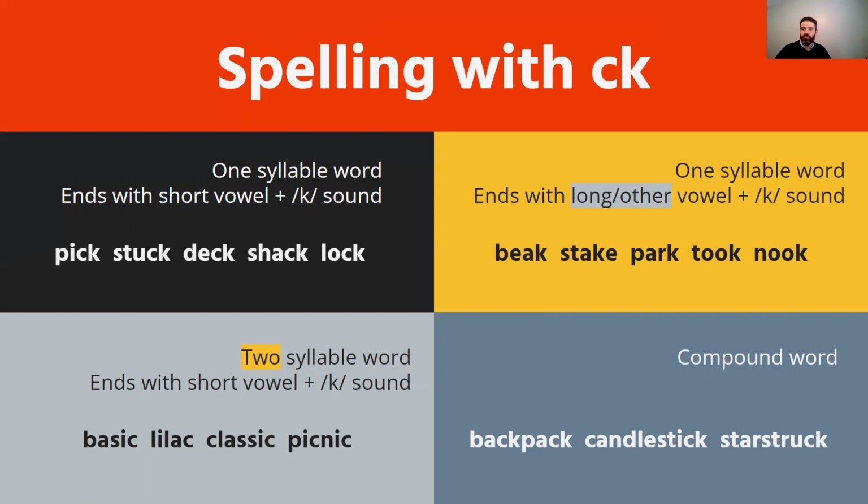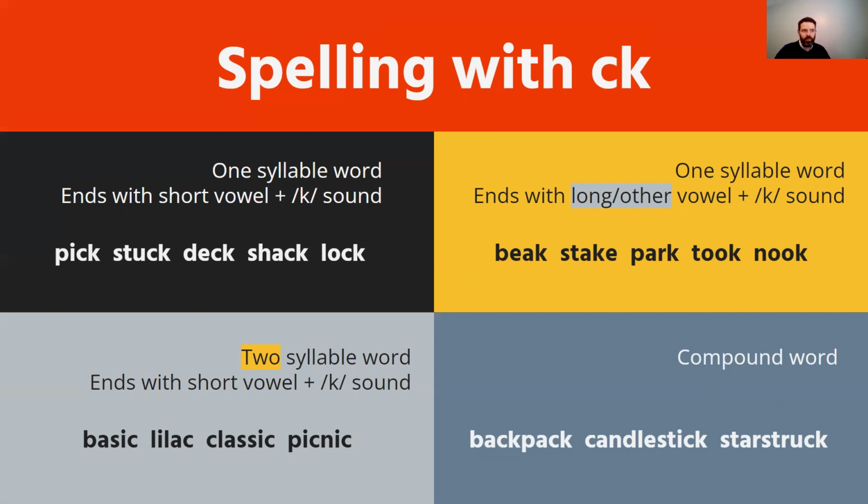All of these words use a short vowel sound. So if you have to think about, should I be writing a K at the end of the word or a CK at the end of the word, think about the vowel sound that comes right before that K sound. If it's a short vowel sound, then you're usually going to be using that CK spelling.